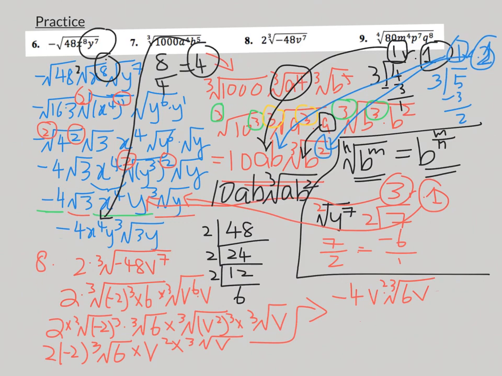So for number 8, we take 7 divided by 3, and we know that it is 2 remainder 1, so 2 should be the exponent of v outside the radical, and 1 is the exponent of v under the radical. So this is how this works.